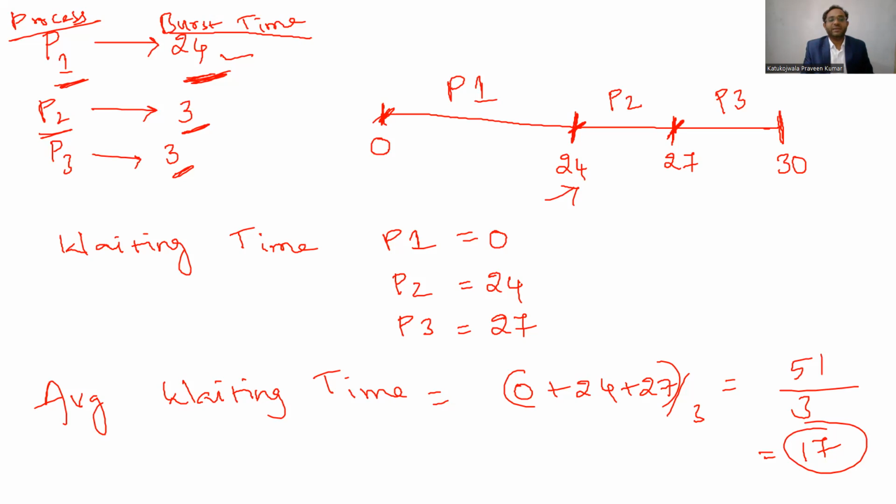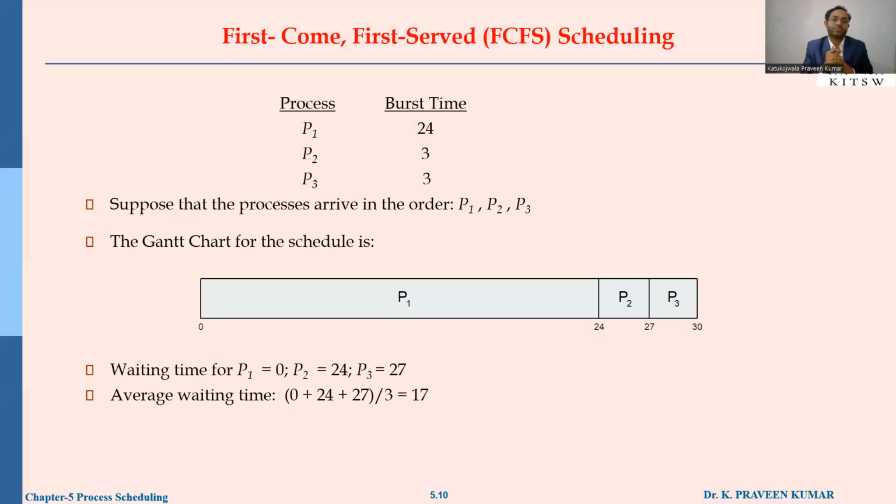So the average waiting time is 17 units of time. This is our output. So by using the FCFS scheduling algorithm, these processes take 17 units of time on average waiting. So this is all about the first come first serve scheduling algorithm.